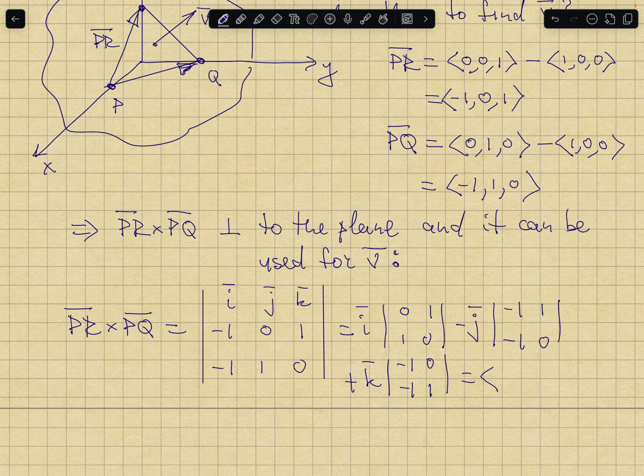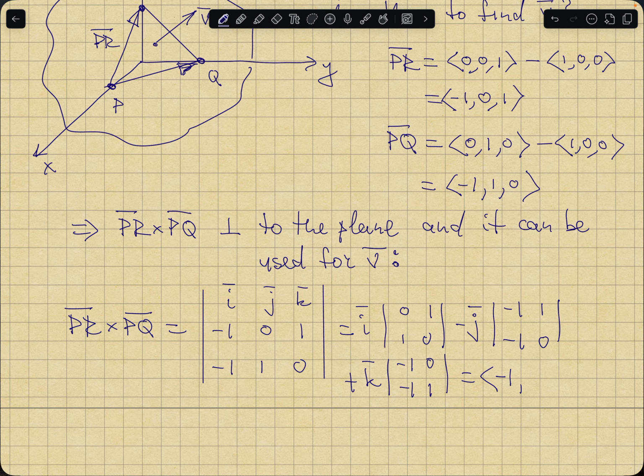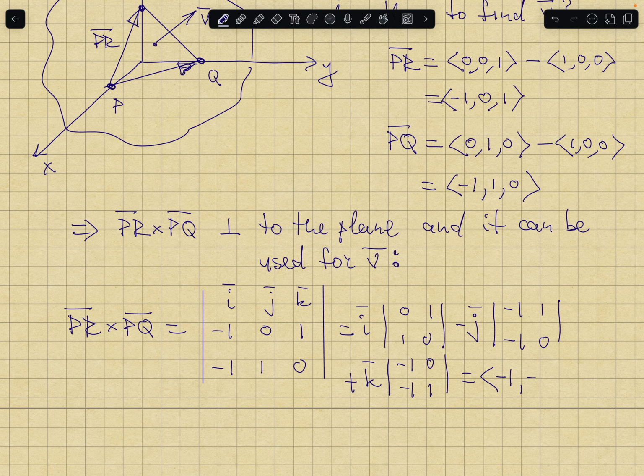And so the first component, or the parameter that multiplies i, is -1. The parameter that multiplies j is 0 minus -1, which is plus 1, but there is a minus in front, so there's another -1. And then for k, it's -1 minus 0, so again -1.